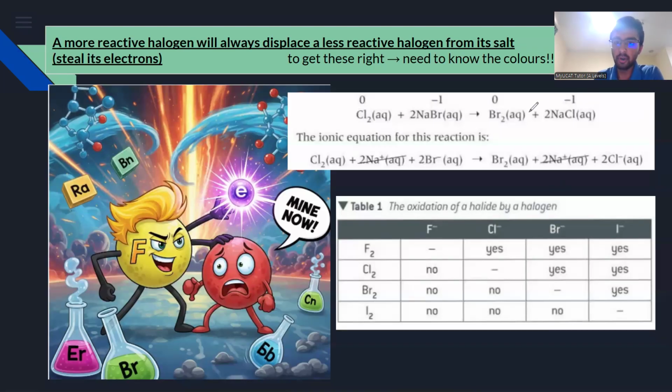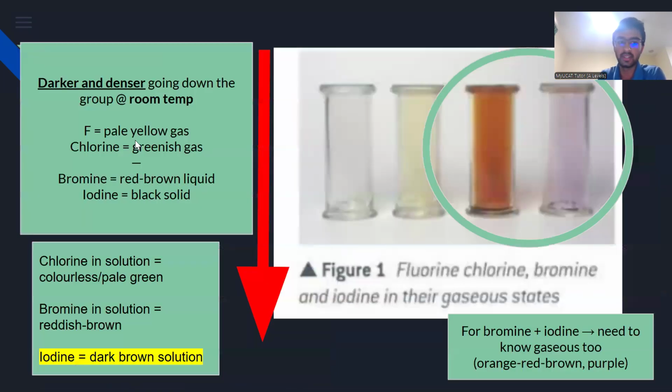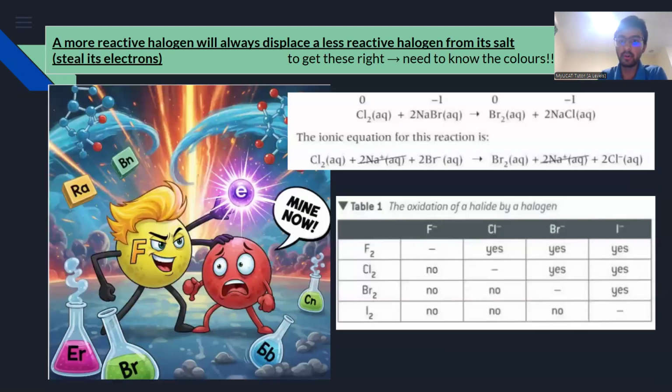Very good. So the bromide ions are not going to have a particular color. We've got Cl2, which is pretty much colorless. And you could say perhaps it was a pale green solution, but pretty much colorless. And we are now producing bromine.